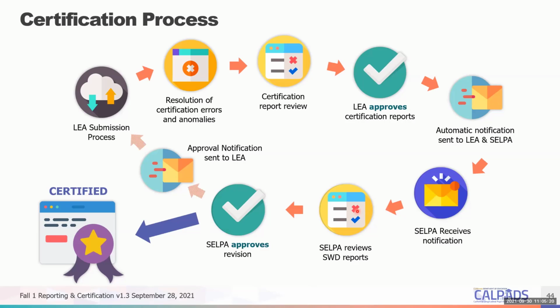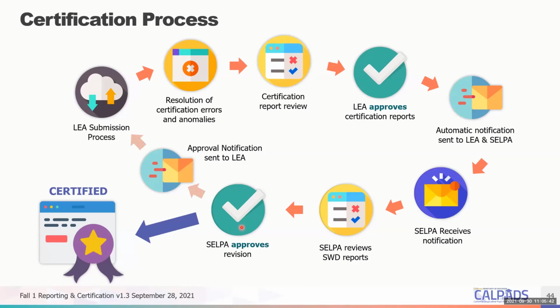So SELPAs will then on their end be able to look at your data. They look at the relevant reports that they need to review, and if they affirm it, then they click on SELPA approve. By clicking on SELPA approve, 2 approvals means certification. Okay, so once your SELPA approves, then you're officially certified.